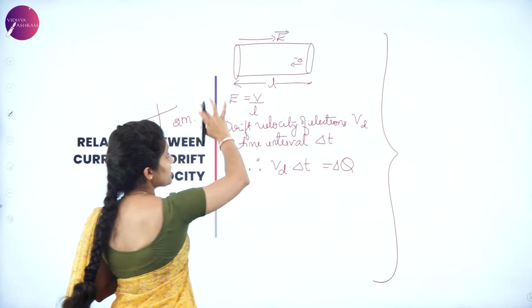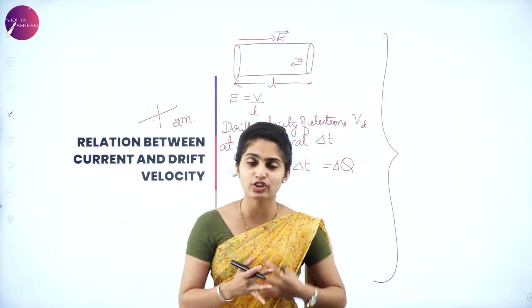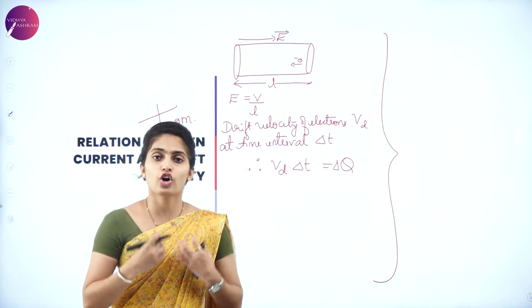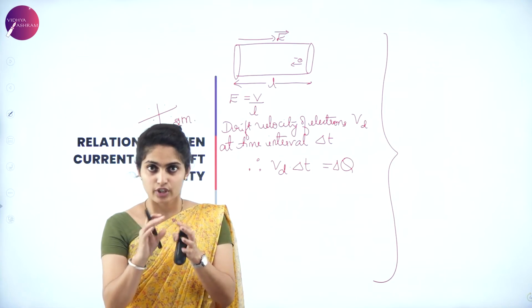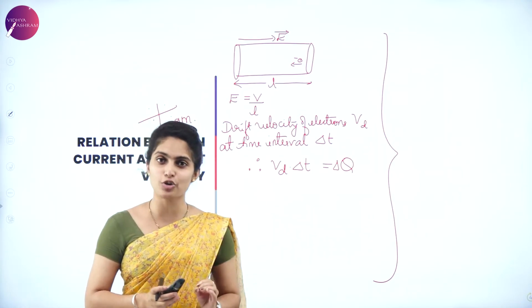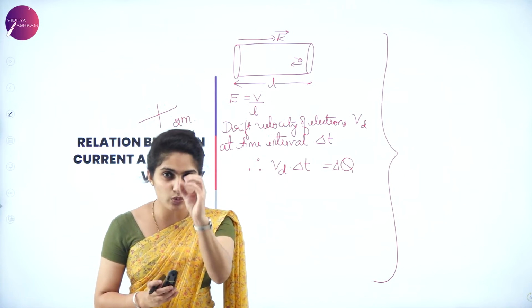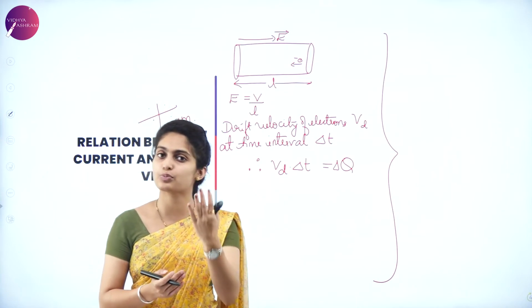When it is a very big conductor, or a conductor of any length or dimensions, in order to check how many electrons are getting drifted, we will magnify the image of the conductor and take just a part of it. That is, we consider only a certain area in order to check the drift velocity of the electrons as well as time.